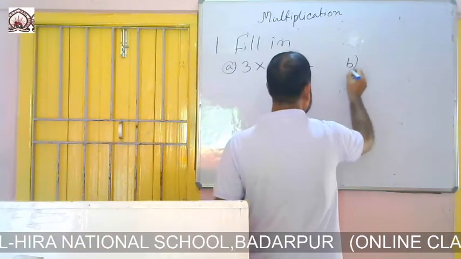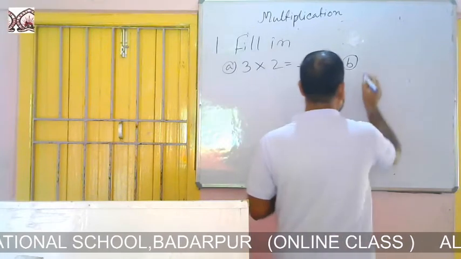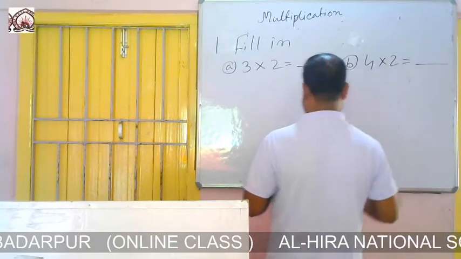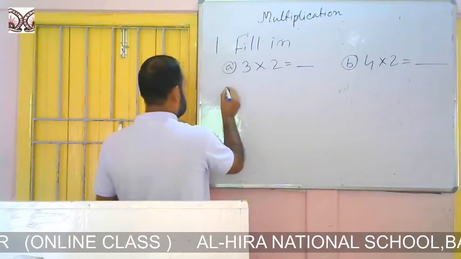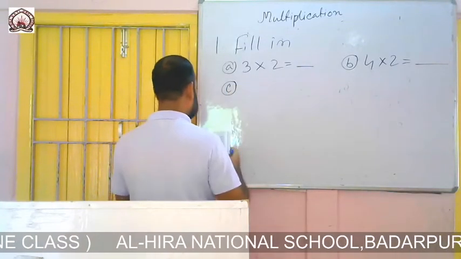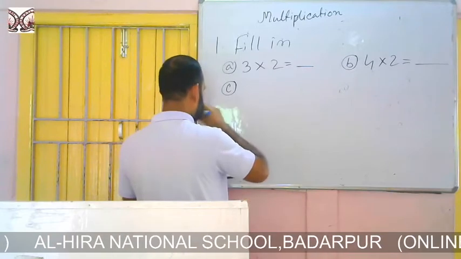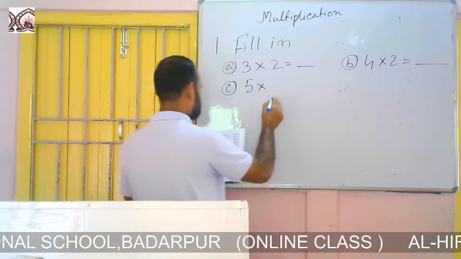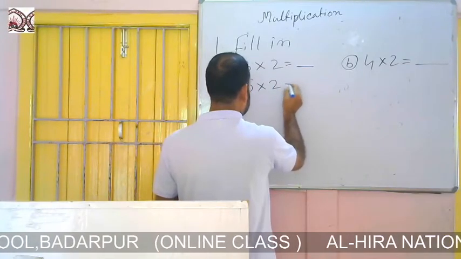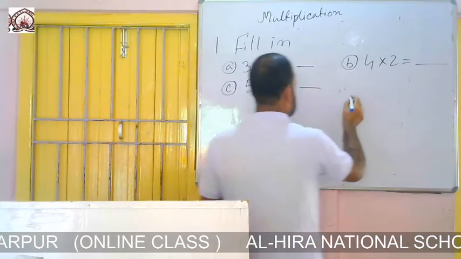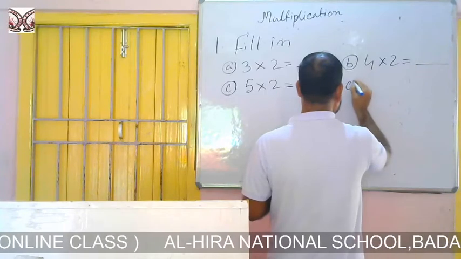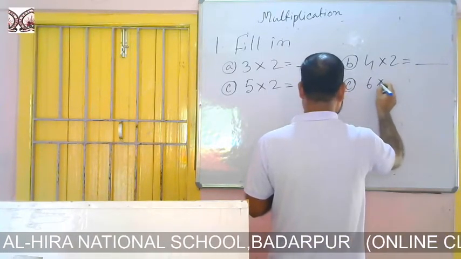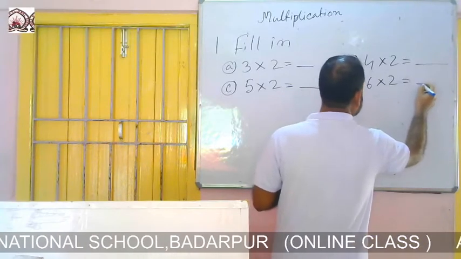Question number B, 4 into 2 equal to dash. Question number C, 5 into 2 equal to dash. Question number D, 6 into 2 equal to dash.